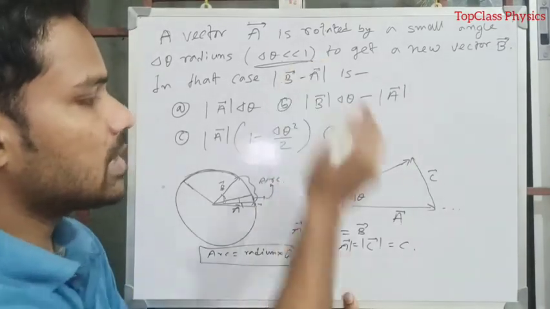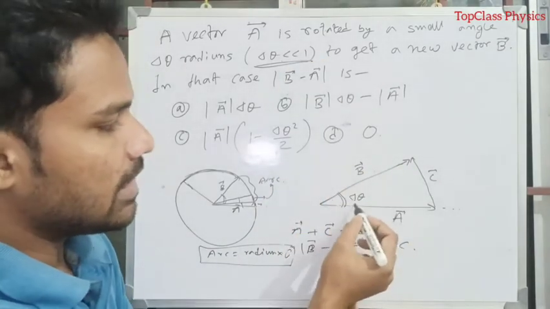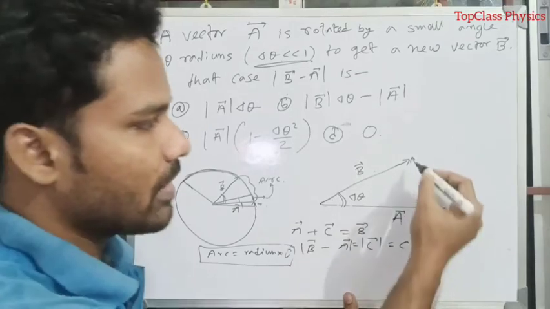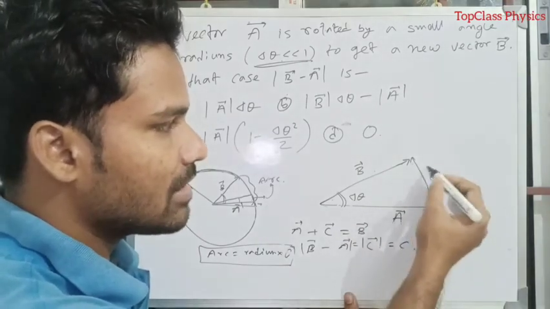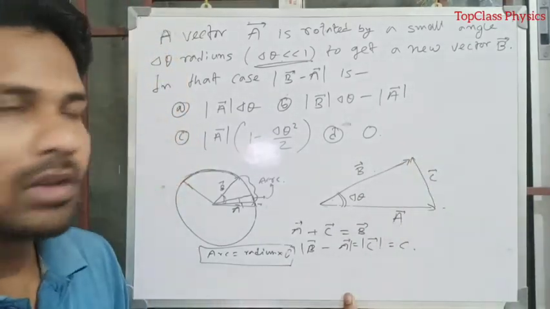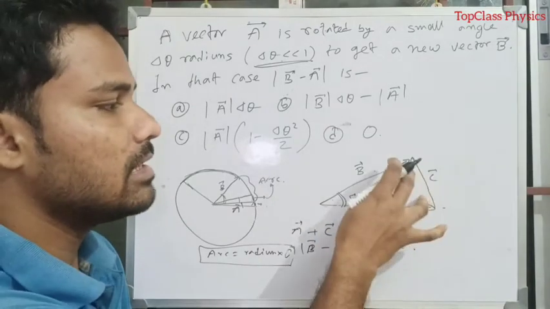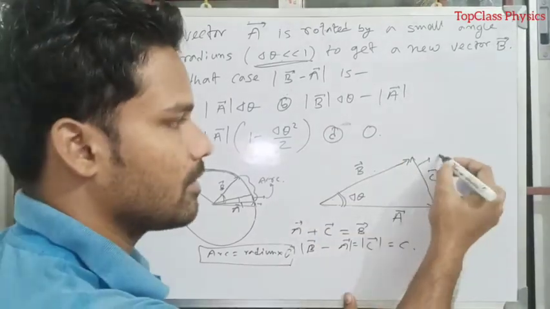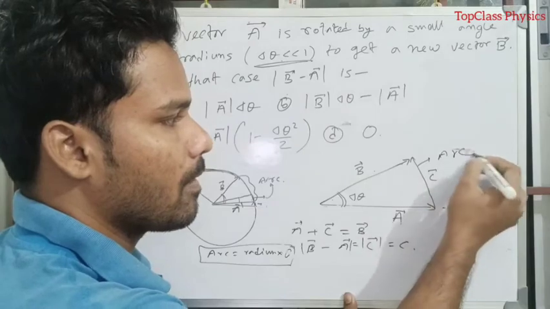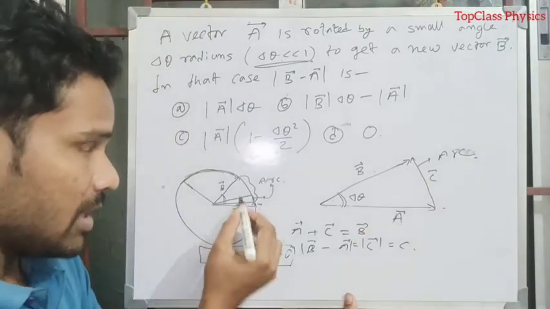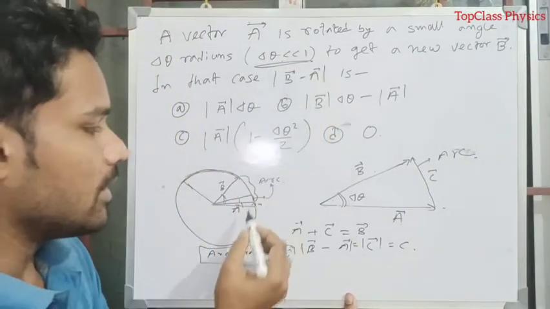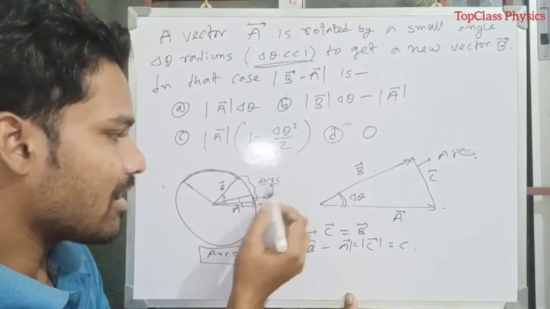Here the condition is given that del theta is very, very small. So this C vector looks like an arc; you can consider this line as an arc, because for a small value of theta the arc is a straight line.